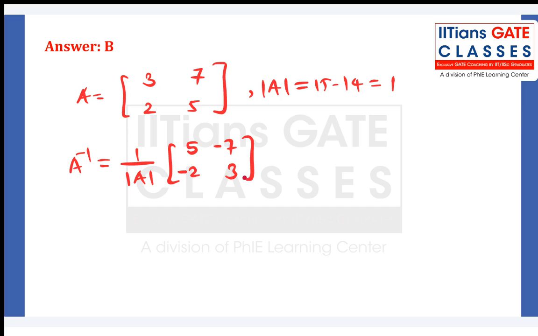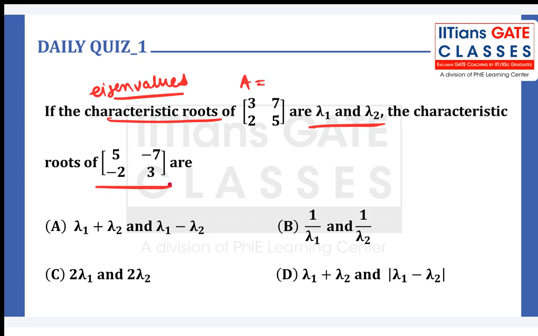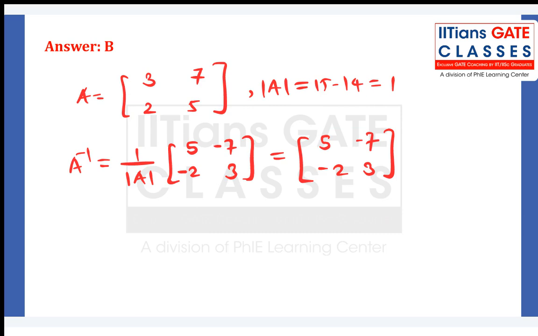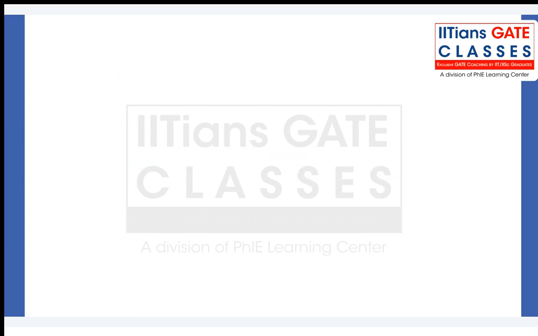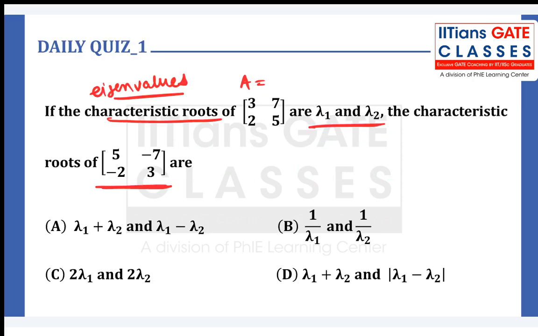Since here the determinant of matrix A is 1, the A inverse is just 5, minus 7, minus 2, and 3. If you go back to the question, this is what they are asking: 5, minus 7, minus 2, 3. See, this is nothing but A inverse.